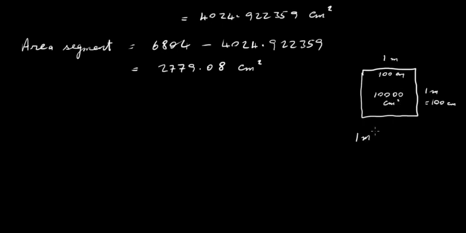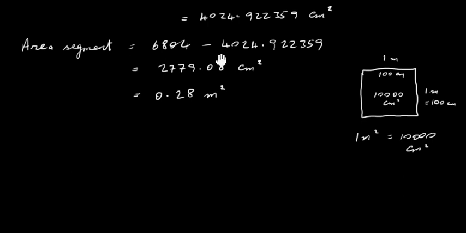So 1 meter squared is just 10,000 centimeters squared. So our conversion factor is 10,000, and we've got to divide by 10,000. We move the decimal point to the left 4 places, 1, 2, 3, 4, and to 2 decimal places it's just 0.28 meters squared.